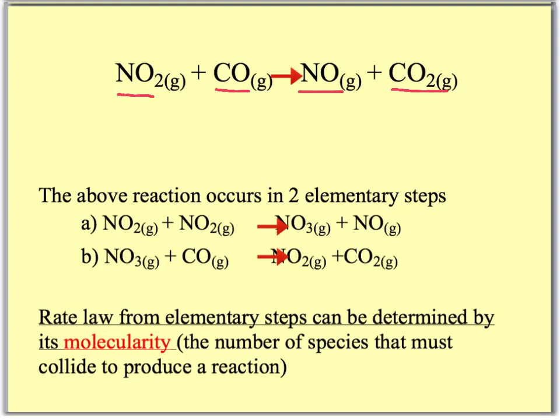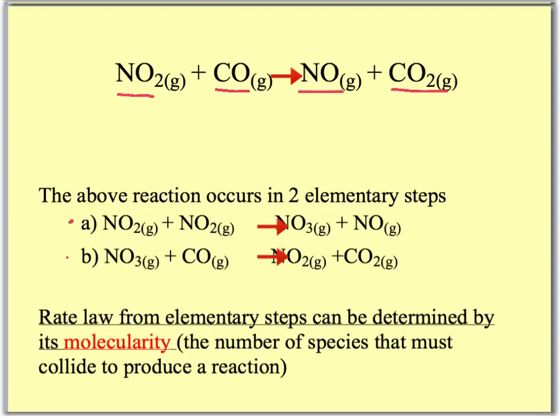The original reaction occurs in 2 elementary steps, A and B. First, we have nitrogen dioxide colliding with another nitrogen dioxide, so basically 2 nitrogen dioxides, and that will form an intermediate product of NO3.